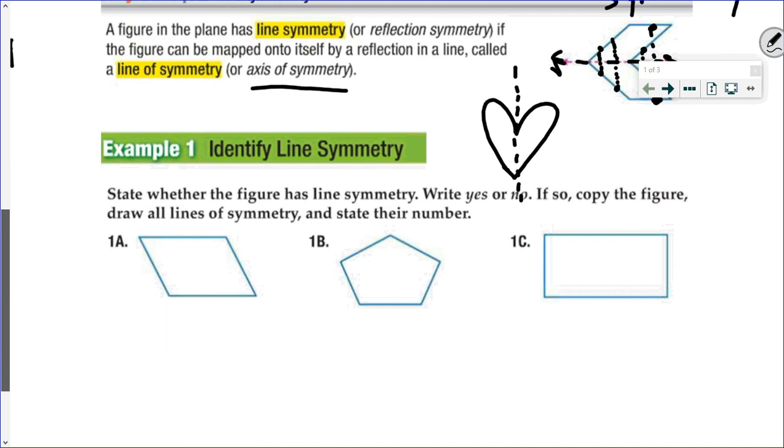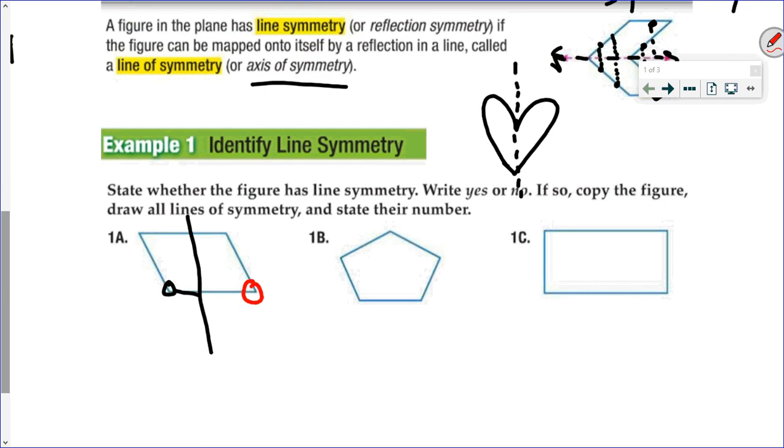So one might start to think about this 1A here, and you might think, where would be a good place to have a line of symmetry? Maybe right through the middle. Certainly you can see this point is much closer than the point it would map onto.